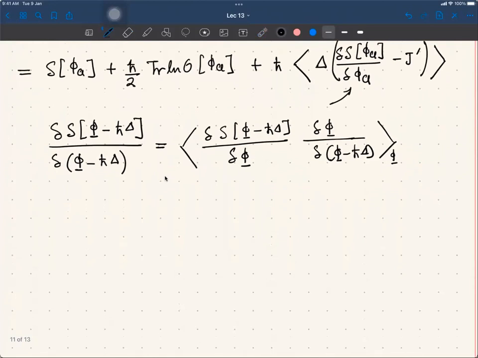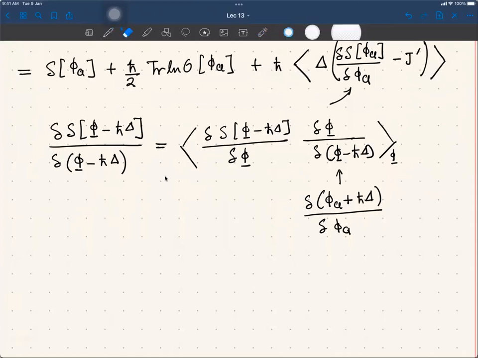Then we've got two factors. The second factor can be calculated as del of phi CL plus h bar delta over del phi CL. Now let me put the argument explicitly here; that will be easier.